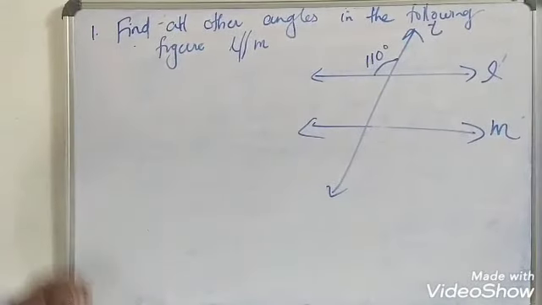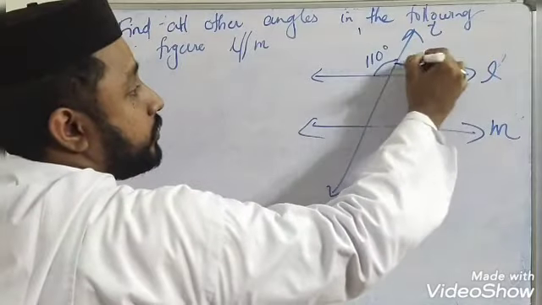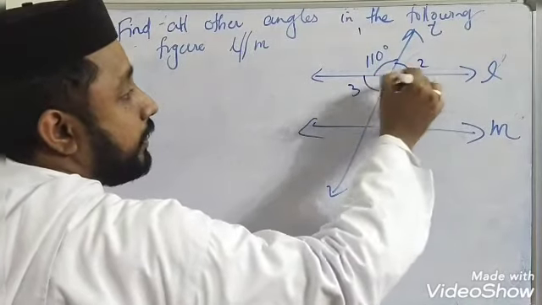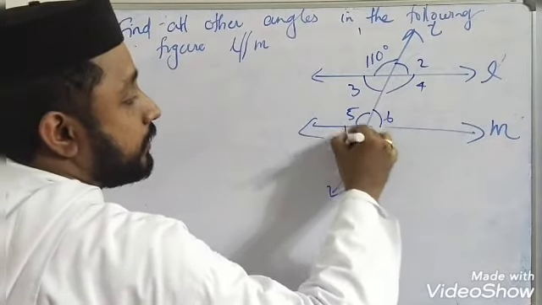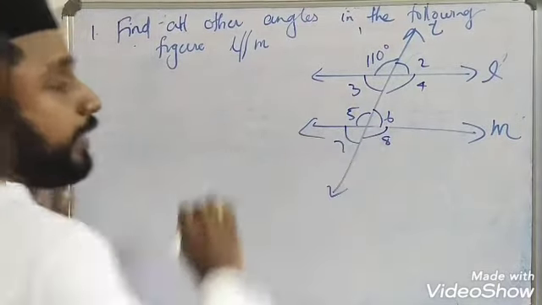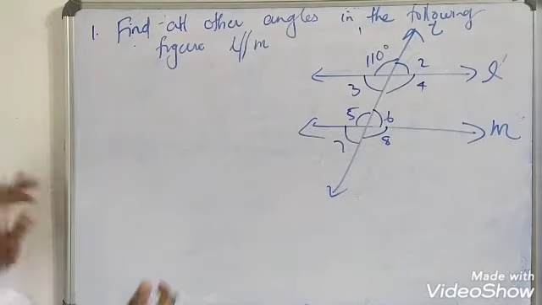There are 8 angles, and we are going to find 7 of them. Angle 1 is given as 110 degrees.